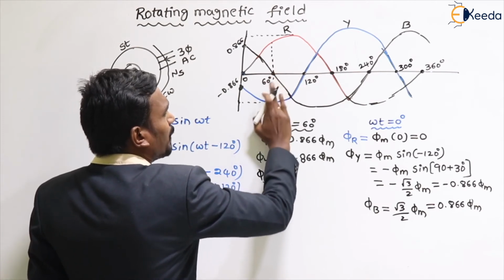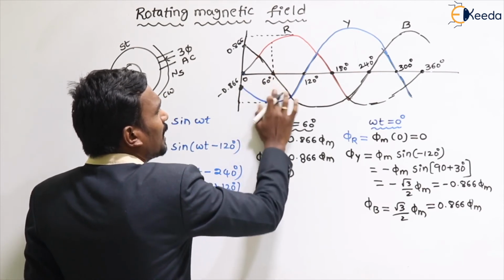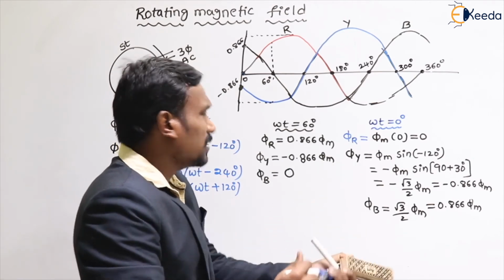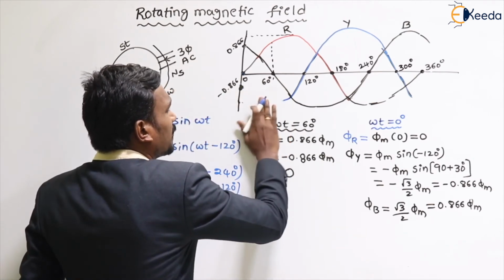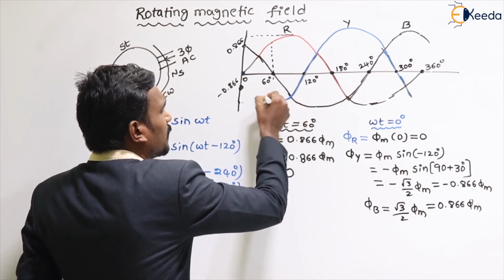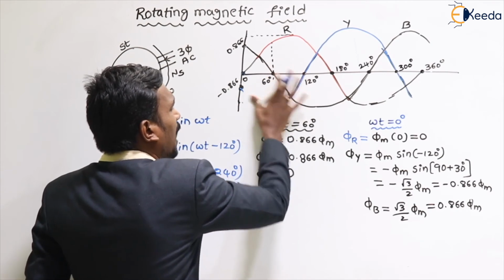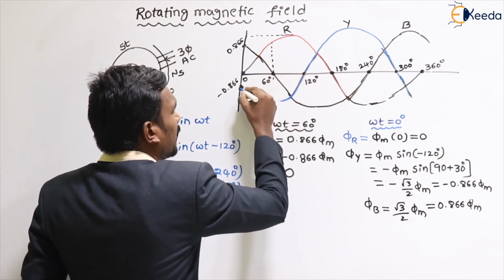Actually, it should not be the maximum, so I simply draw it accurately. This is the graph. Exactly, it should be accurate like this. Of course, you have to draw perfectly.